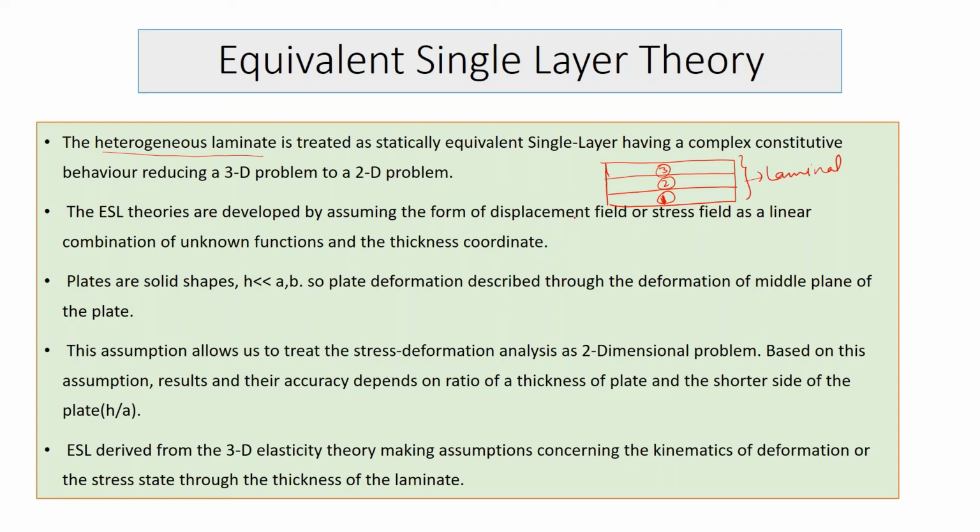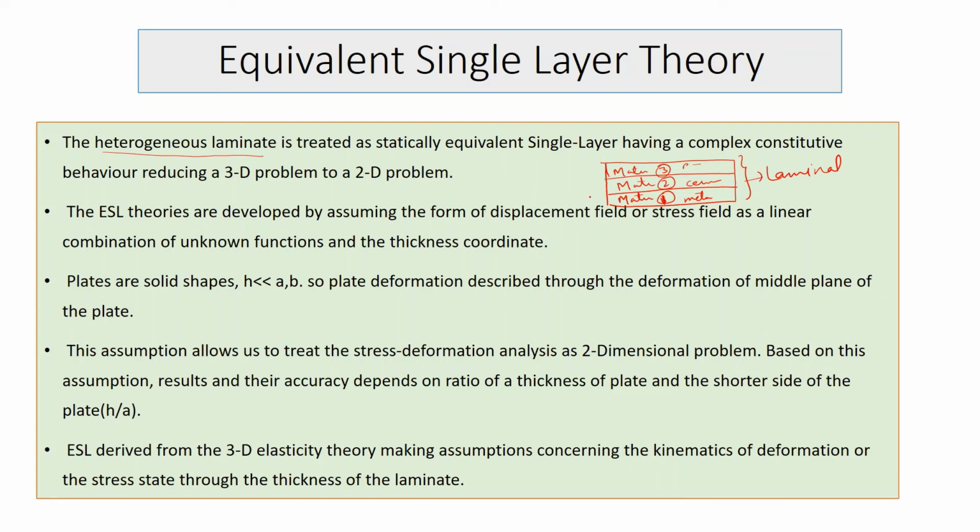The material property would be one in the first lamina, different in the second, and different again in the third. It may be metal, ceramic, polymer, or any other material. So we have different material properties.